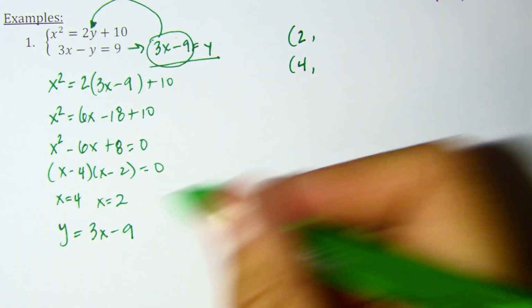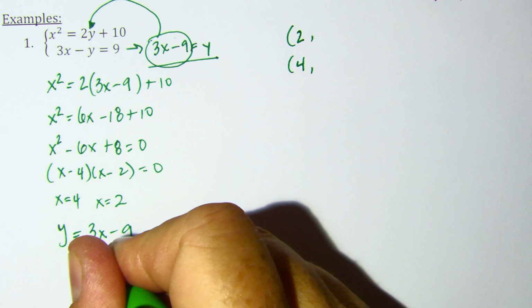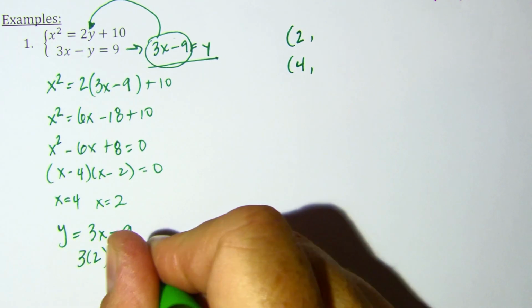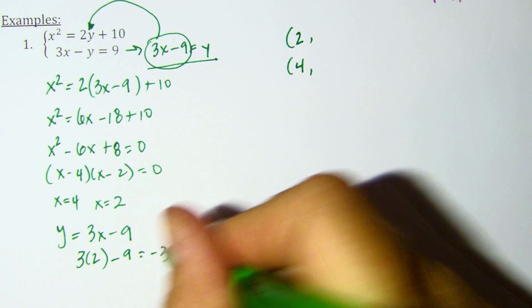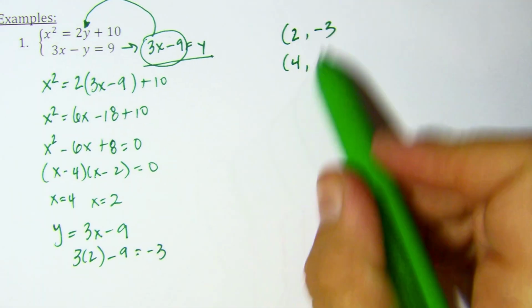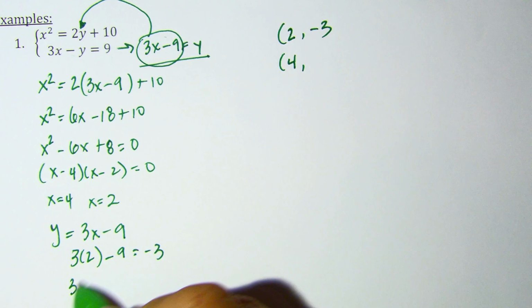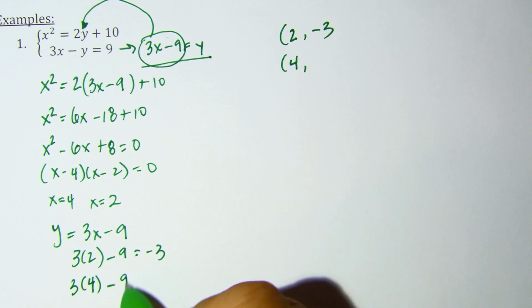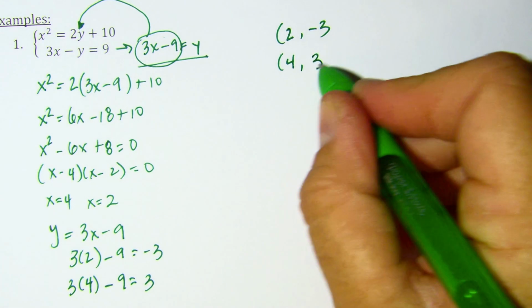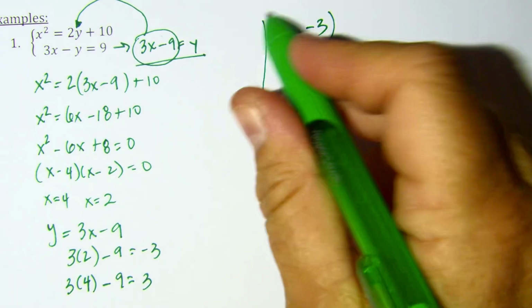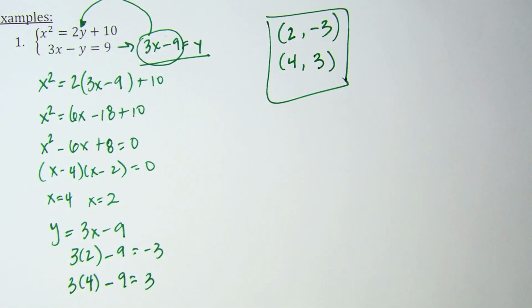I can go ahead and plug in 3 times 2 minus 9. Well, that's 6 minus 9. That gives me negative 3 when x equals 2. And when x equals 4, so plugging in 4, 3 times 4 is 12, minus 9 is positive 3. So those are my solutions.